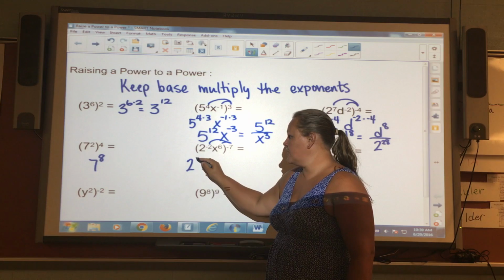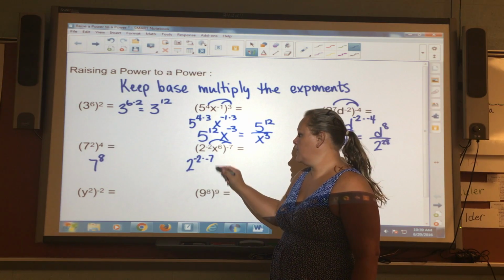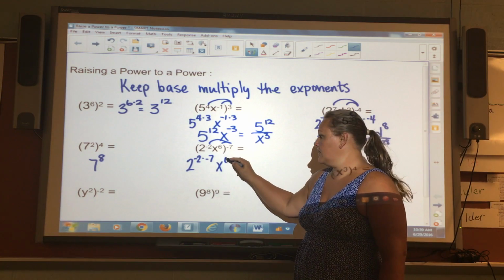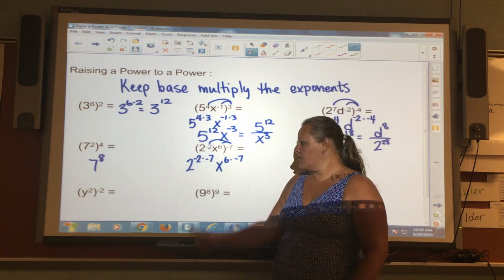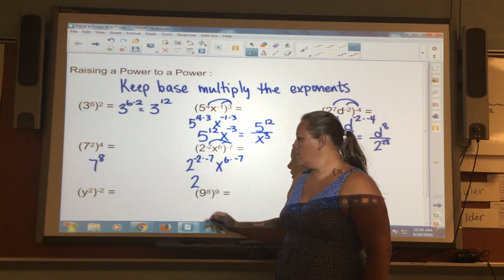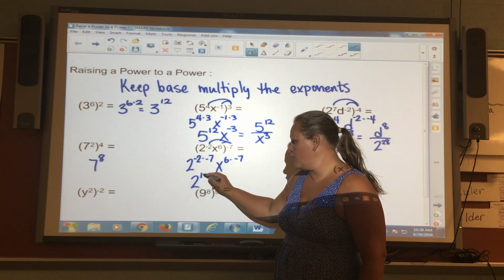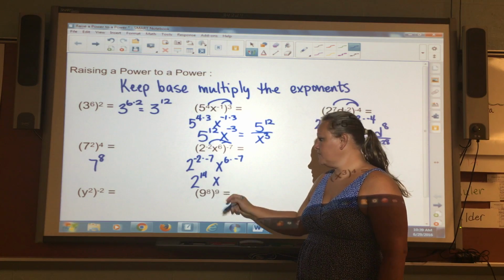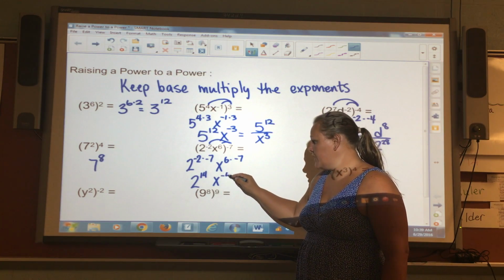So I have 2 to the -2 times that -7, and we're going to keep the base x, and we're going to do 6 times -7. So again, we keep the base 2, and -2 times the -7 gives me a positive 14. We'll keep the base x, and 6 times -7 will give me -42.